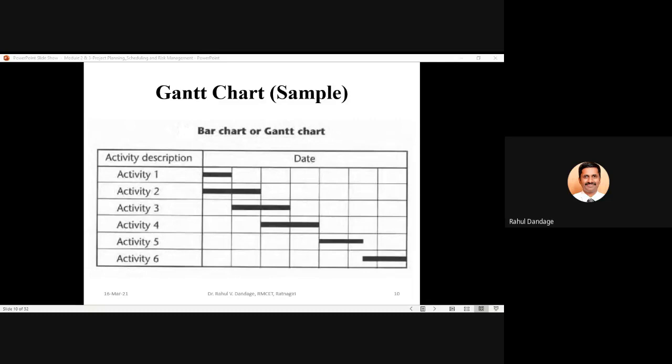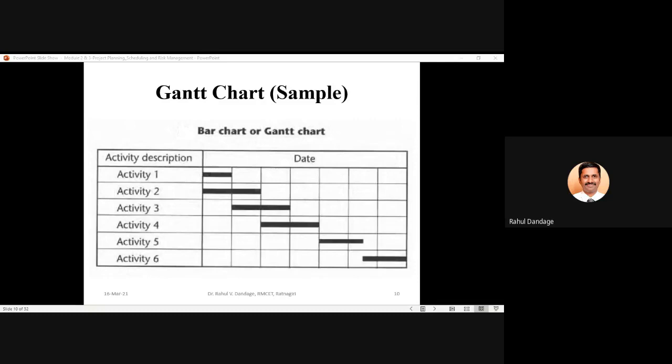It is not always necessary that you should start from the starting point of any time period and finish only at the ending point of your time period. So you can see activity 5 starts at the beginning of week number 5 and finishes midway through week number 6.